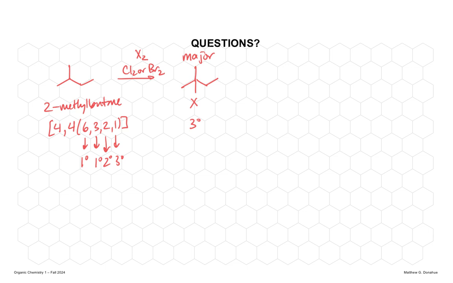And then if you formed minor products, the next thing that would form would probably be at the secondary center.